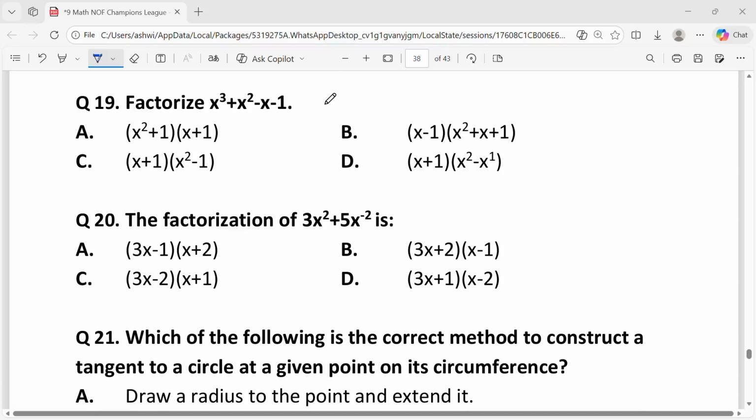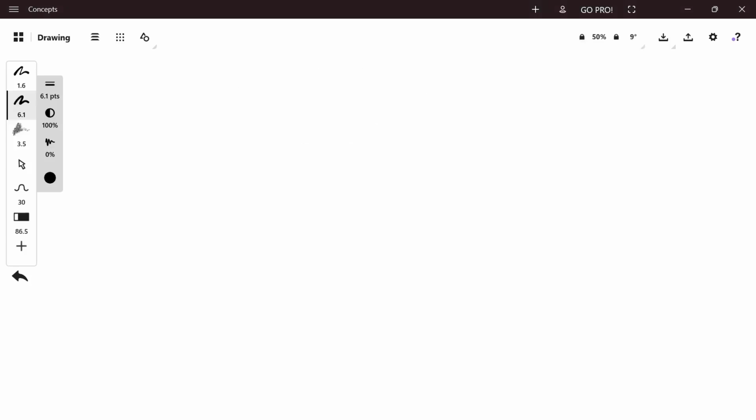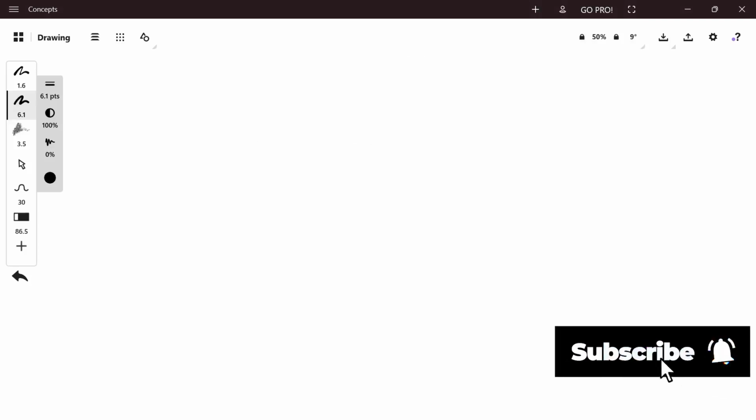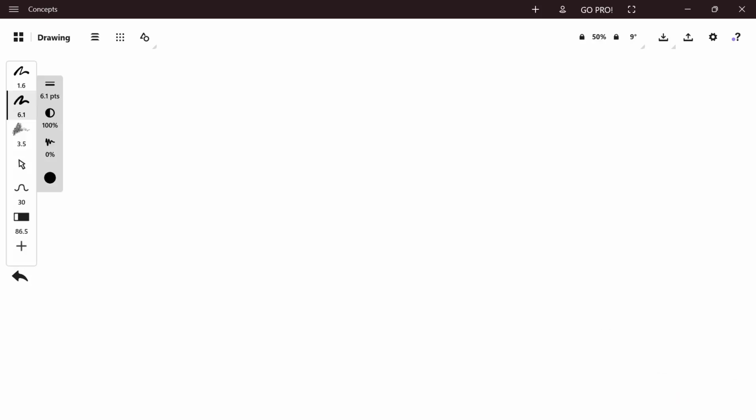Question 19. Factorize x cube plus x square minus x minus 1. Group the first two and the last two terms, and then factor out x square from the first group and minus 1 from the second group.